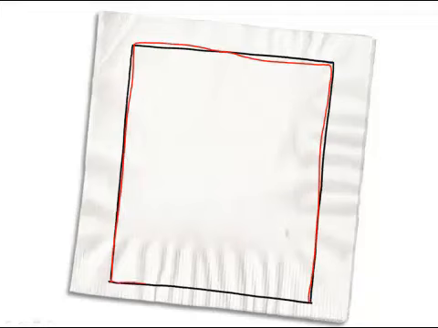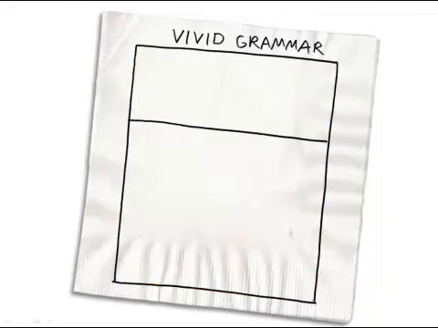The first thing I want you to do is draw a large rectangle that takes up most of your sheet of paper. This is going to be the framework of vivid grammar. And now what I'd like you to do on that square is label it at the top with the words vivid grammar.